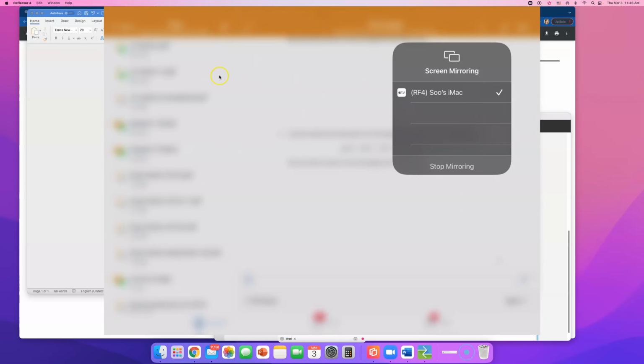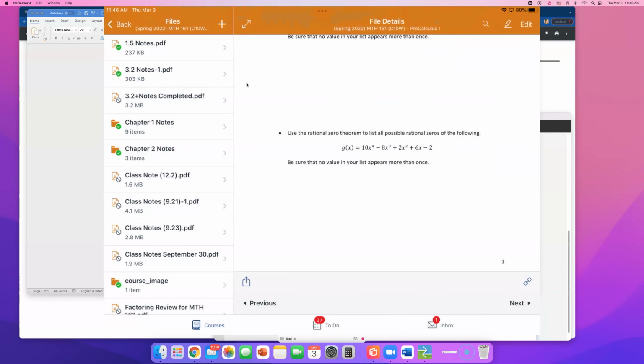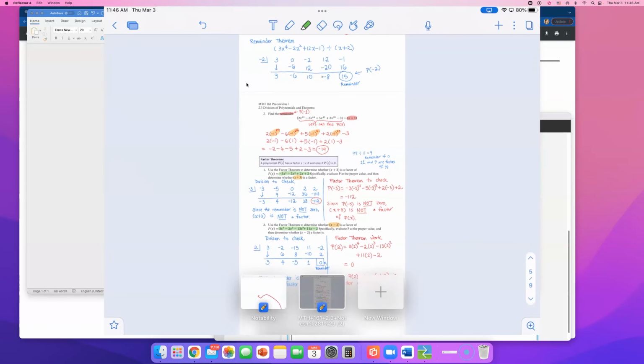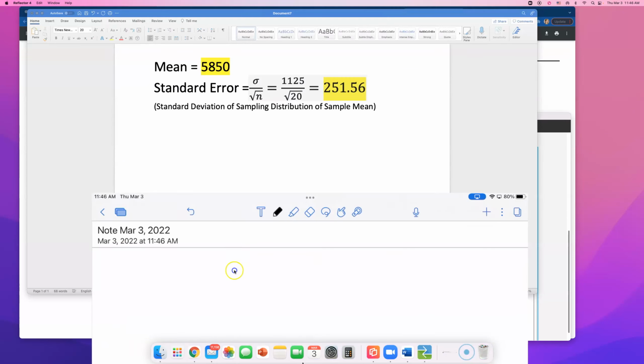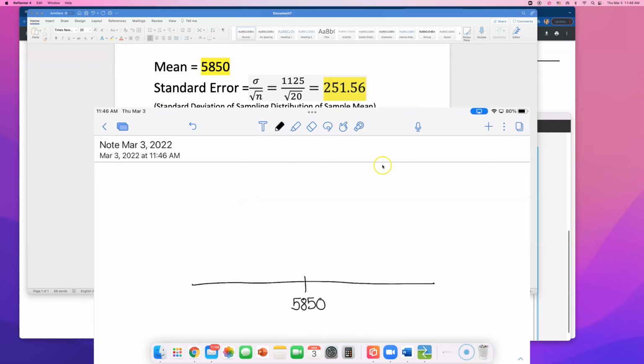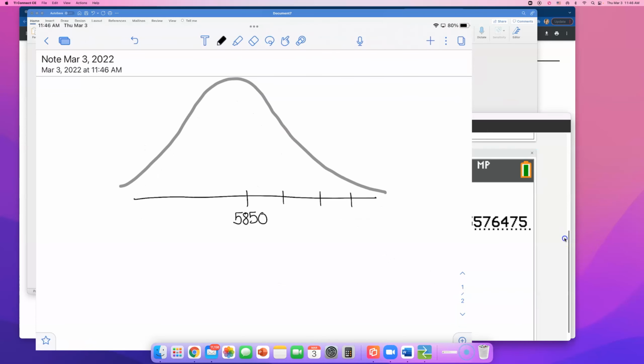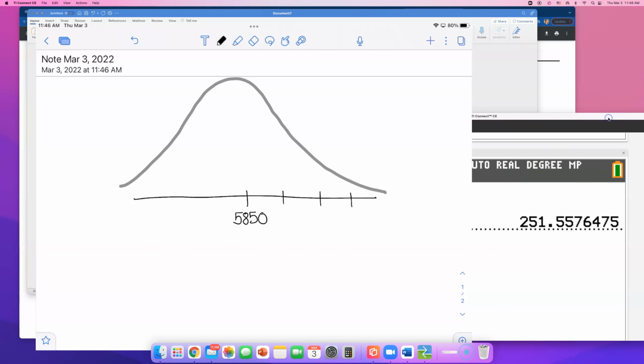With the mean of 5850 in the middle, the standard error is what I need to add to go to the right. If I go 1, 2, 3 to the right, let's start adding.